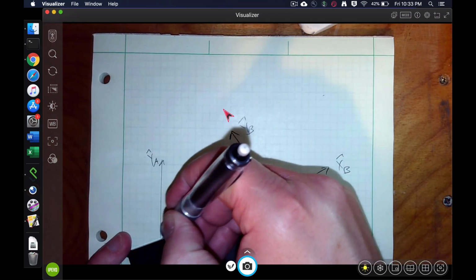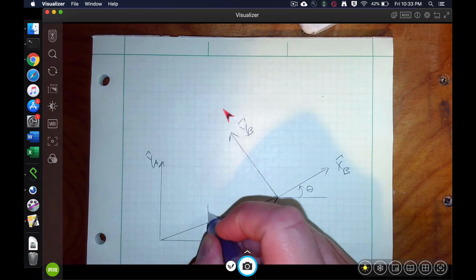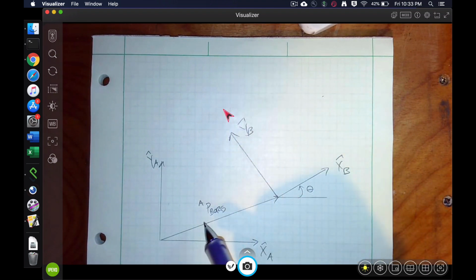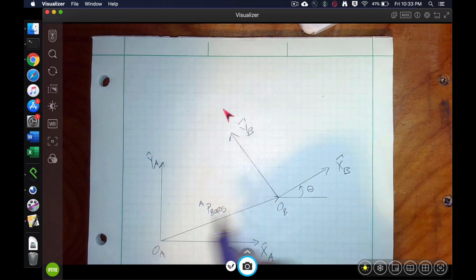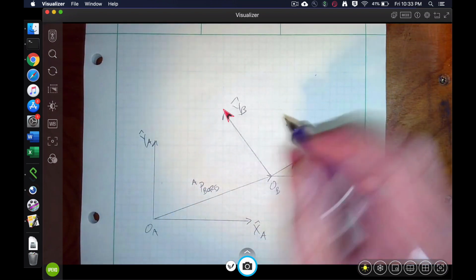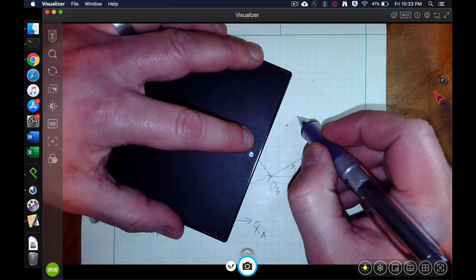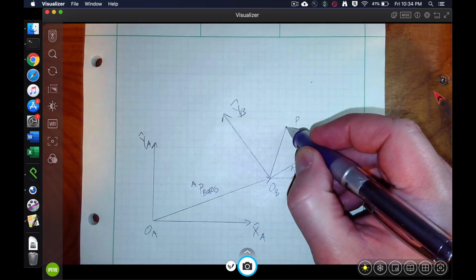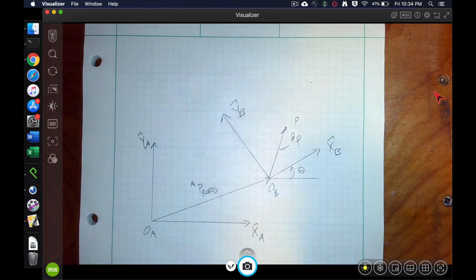But before we did that, we displaced by what we're calling P_B org A. It's a vector from the origin of frame A to the origin of frame B, but it's in the frame A components. And then we have some point out here, P, and this vector would be P in frame B.